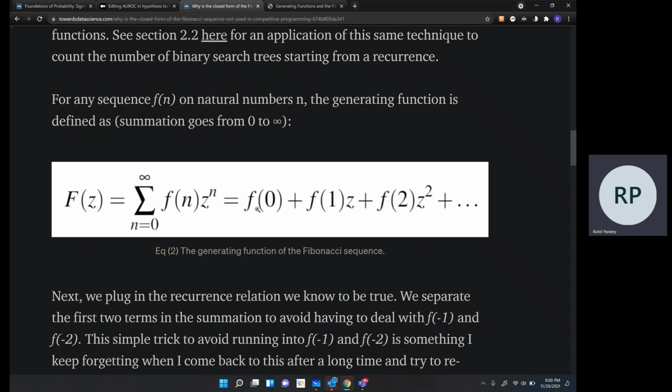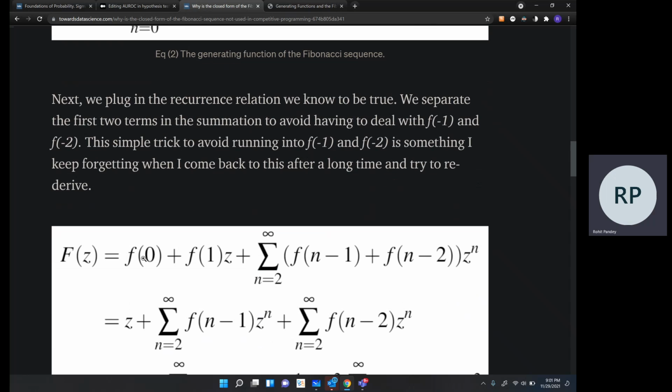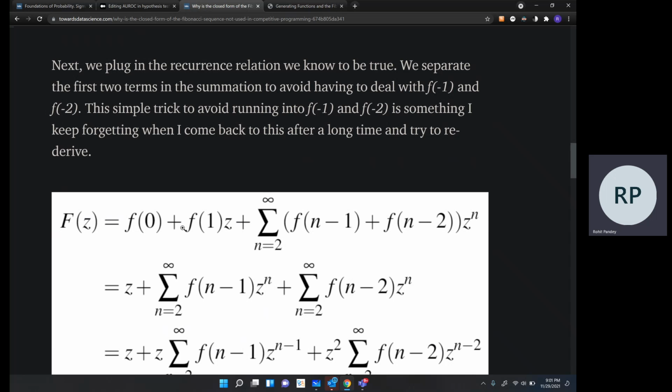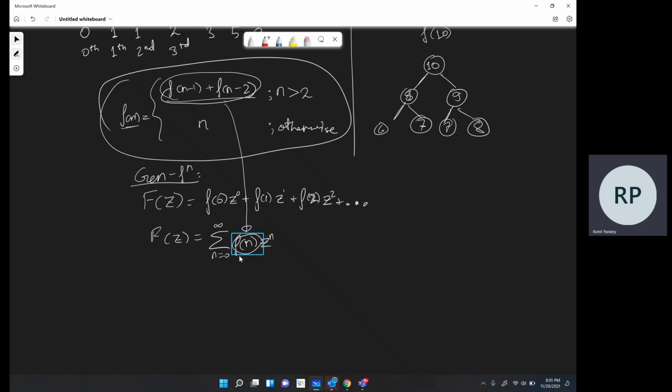Now, one thing to keep in mind when you're doing this trick, this is something I keep forgetting when I come back to this a year later or whatever, is that you have to separate out the first two terms, right? And the reason is that when you plug this in, you'll try to reindex and express it as capital F of z again.